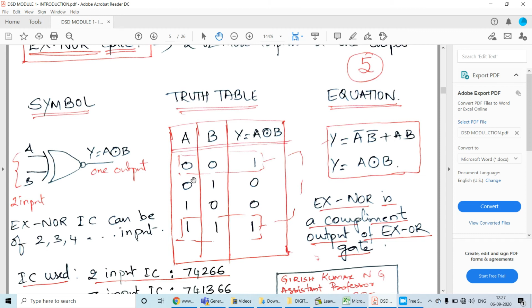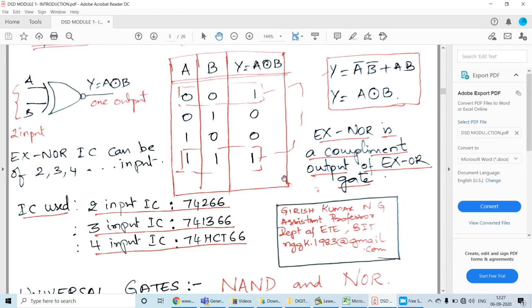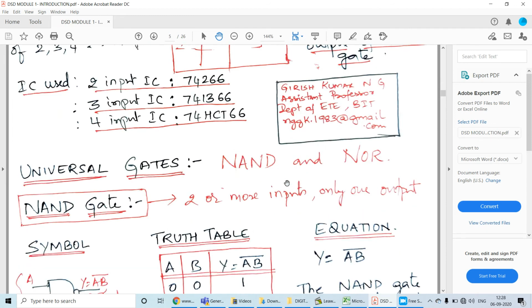So these are the basic logic gates that we have in digital electronics. Then we'll see the two different universal gates that we have. NAND gate and NOR gate are the two universal gates. Why are these two gates called universal gates? Because by using NAND we can realize OR, AND, XOR and so on.